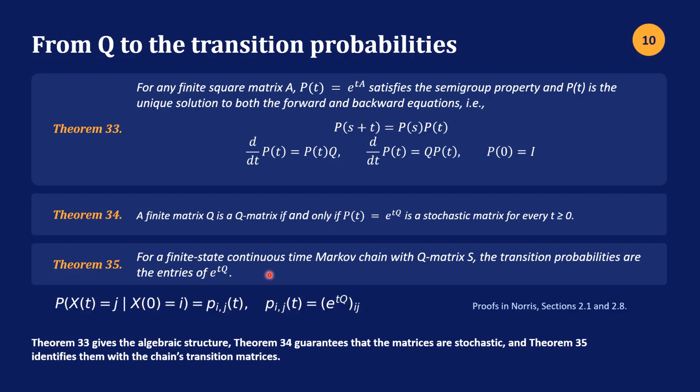The transition probabilities of the chain are the entries of e to the tQ. So the probability of being in state i at time 0 and going to state j at time t, P_ij of t, shorthand, is equal to the ij entry of e to the tQ.